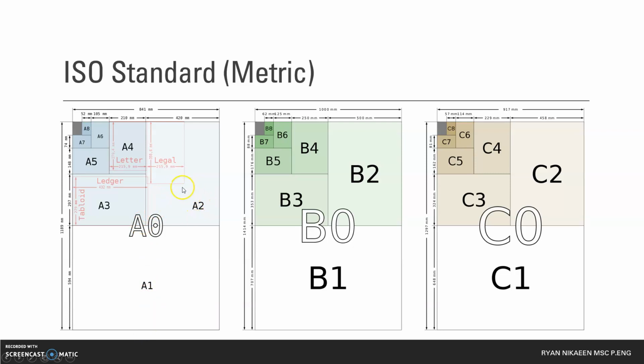The same idea, A3, A4, A5, A6, and so on. As I said, the paper that European countries and Asian countries use is A4. So A4 is a sheet that they use in daily life, similar to letter size.